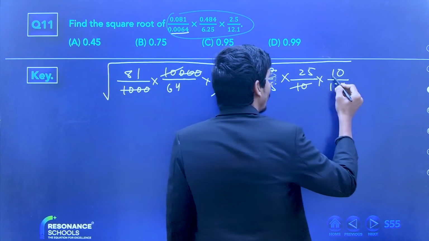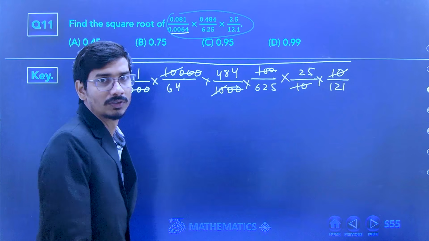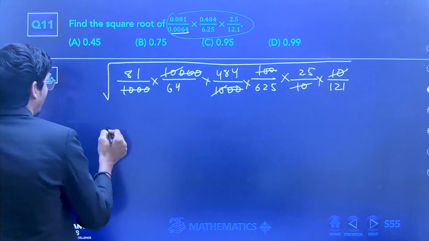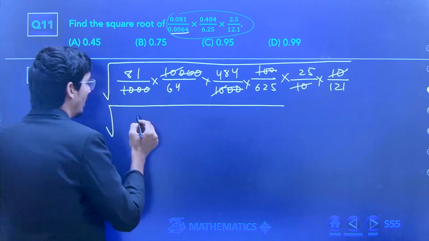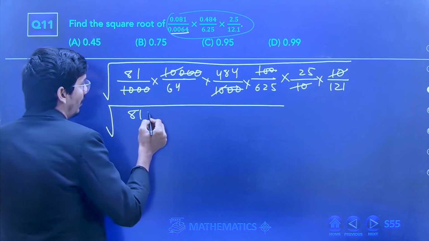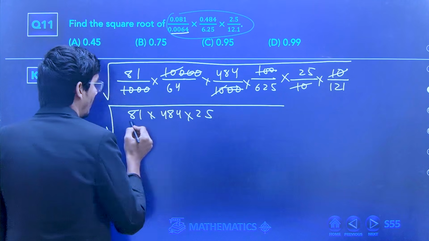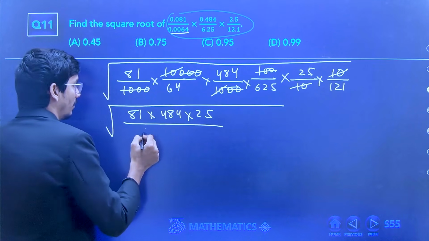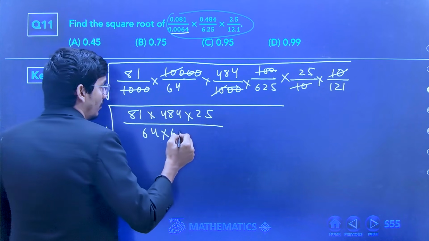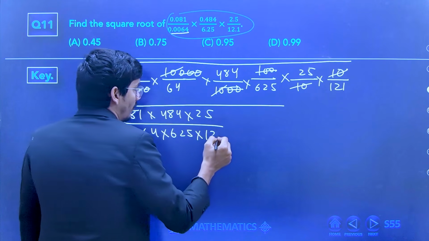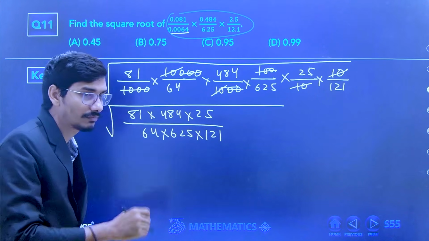So the remaining quantity, beta, is 81 into 484 into 25 divided by 64 into 625 into 121.